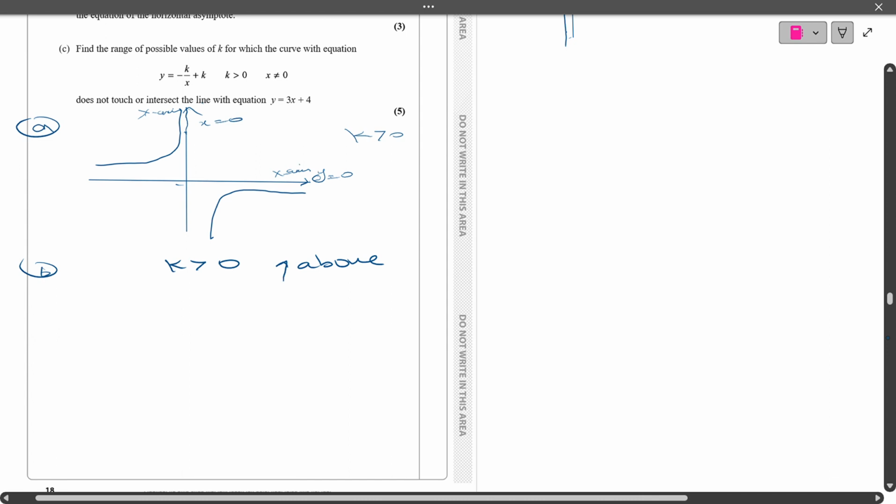Okay, so let's sketch it again. Here this is the x-axis and this is the y-axis.